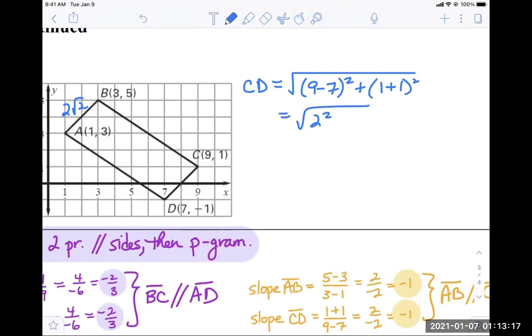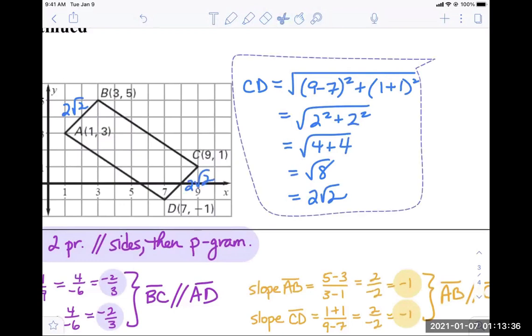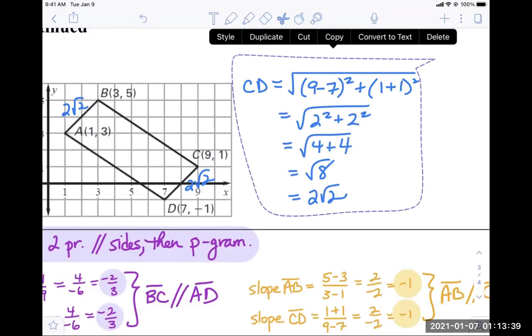So 2 squared plus 2 squared. Hey, look at that. 4 plus 4, same numbers, so it'll also turn out to be 2 root 2. And again, reminder that we knew on this problem that it's supposed to be a parallelogram, so it better come out to be the same as the last one, the opposite side. If it didn't, something's wrong.